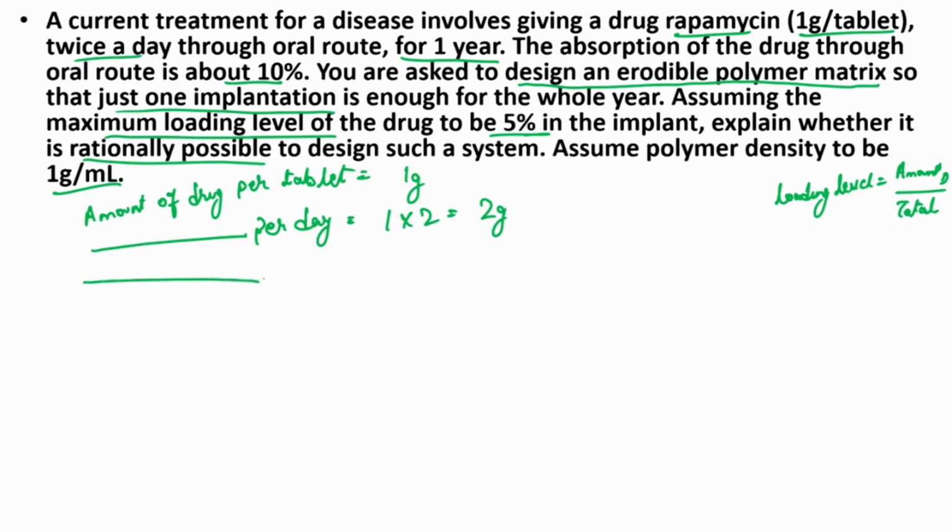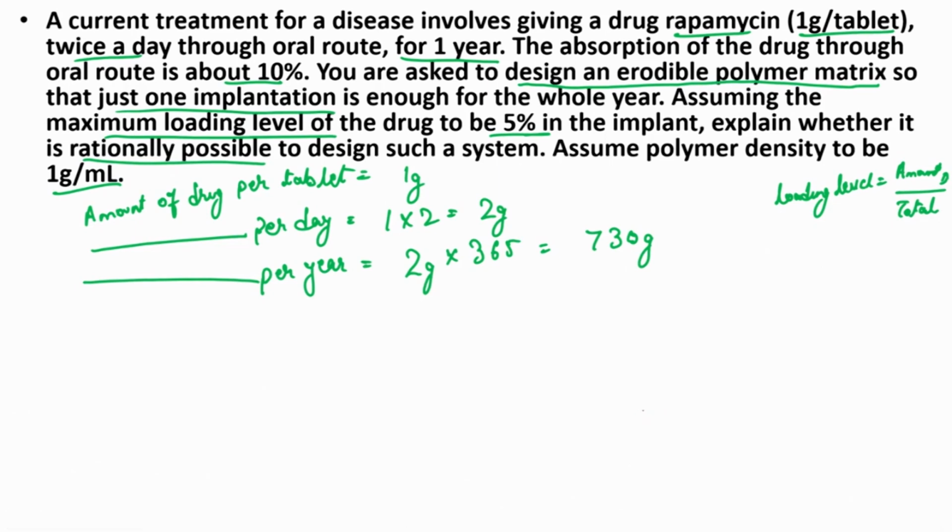So, amount of drug per year, and obviously we are only talking about 1 year, is 2 grams times 365 days. So, this is the amount of drug that is being given. So, this will basically become 730. So, we need to give 730 gram of drug for the full 1 year.